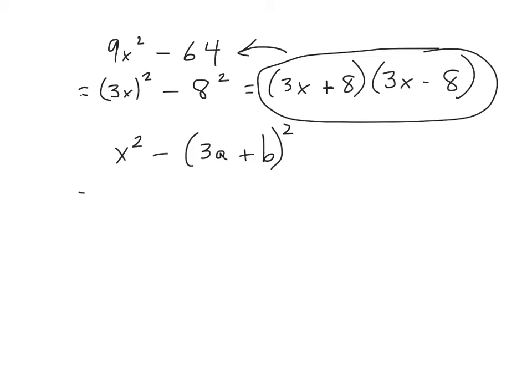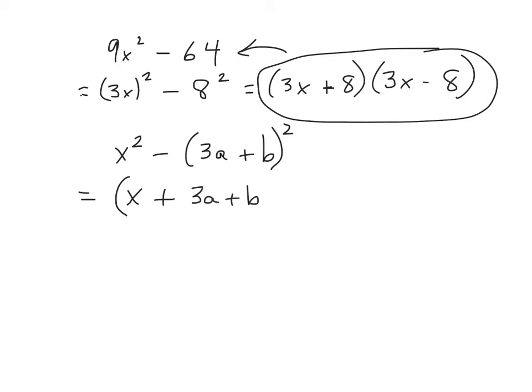Okay, so this looks much scarier than it is, because this is a square minus another square. So it's the difference of two squares. So that means that when we factor, we'll have that first square root, the square root of x squared is x, plus 3a plus b.